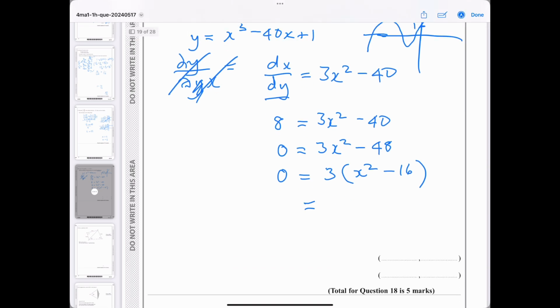So that means that it's 3, and then we go x plus 4, x minus 4, since minus 16 can be formed by plus 4 and minus 4.